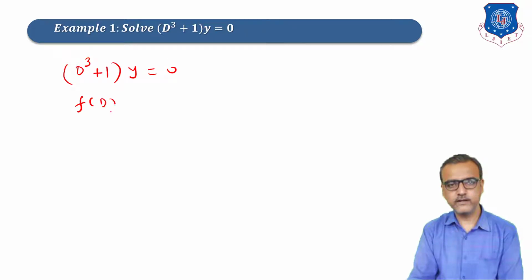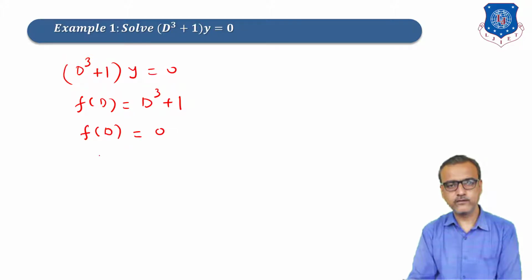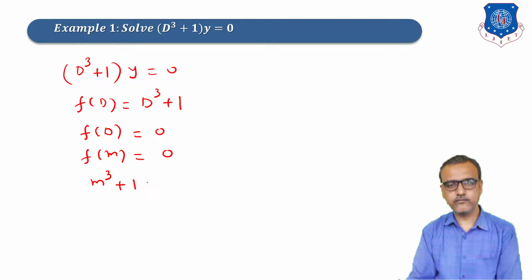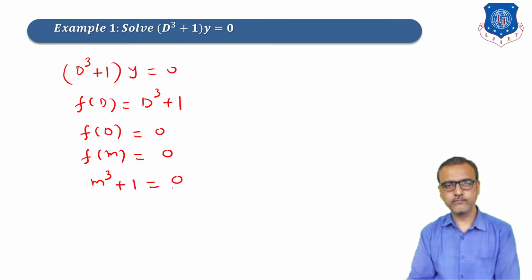So f of D is D cube plus 1. To solve this, we will write f of D equals 0 and replace D by m. So we have f of m equals 0, that is m cube plus 1 equals 0.